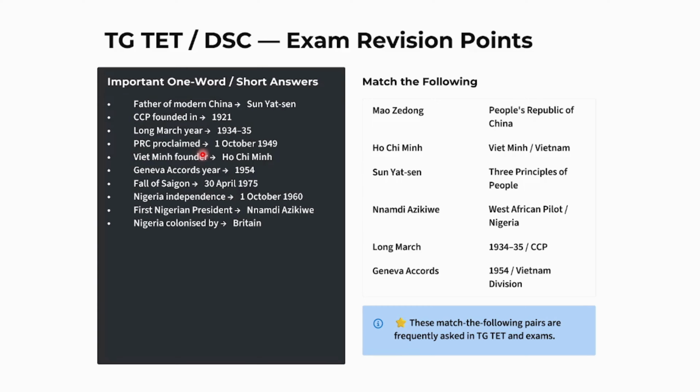People's Republic of China proclaimed on 1st October 1949. Viet Minh founder Ho Chi Minh. Geneva Accords 1954. Fall of Saigon 30th April 1975. Nigeria independence 1st October 1960. First Nigerian president Nnamdi Azikiwe. Nigeria was colonized by the British. So this is the thing you have to follow.